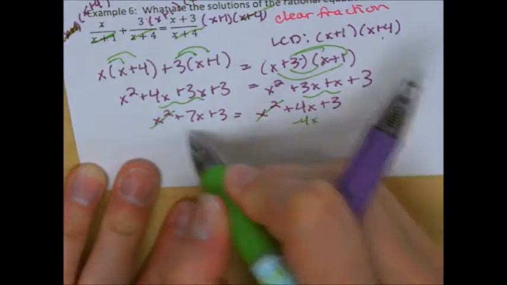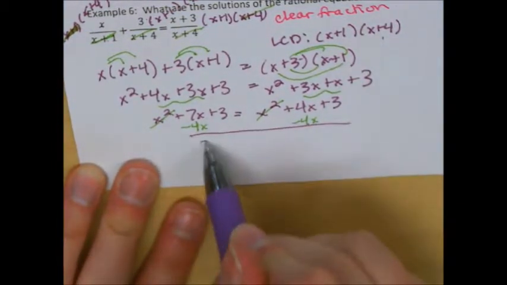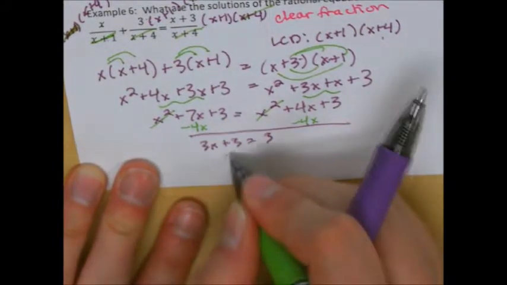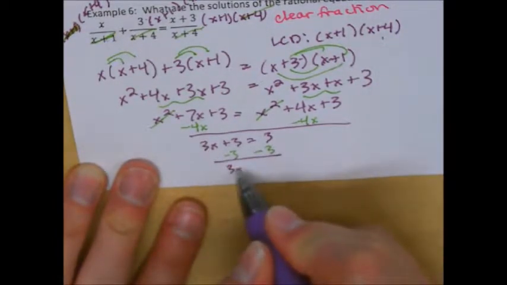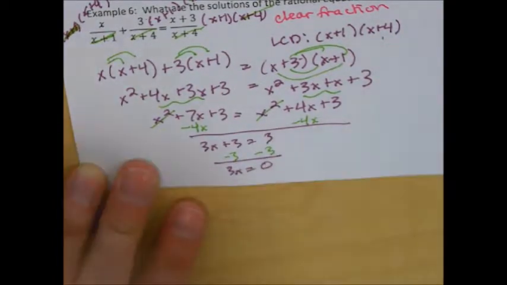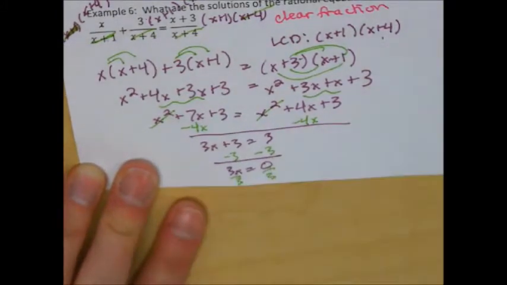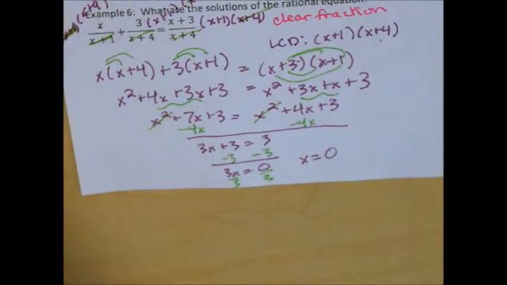Subtract the 4x over. Subtract the 3. Divide by 3. And 0 divided by 3 gives me x equals 0. Now we have to check for our excluded values.